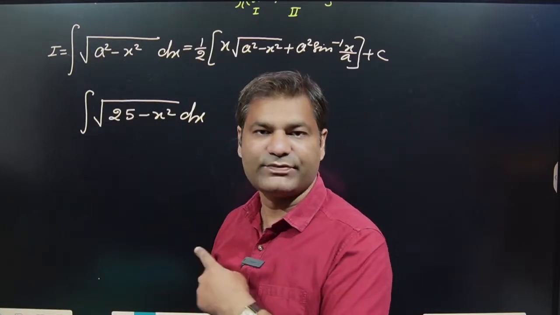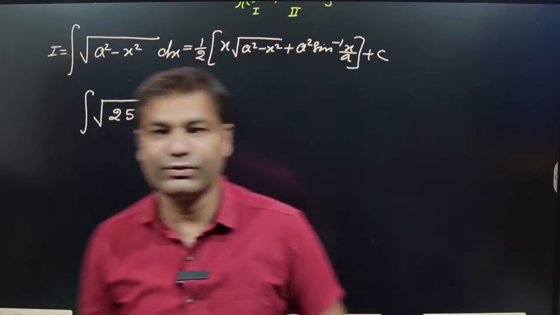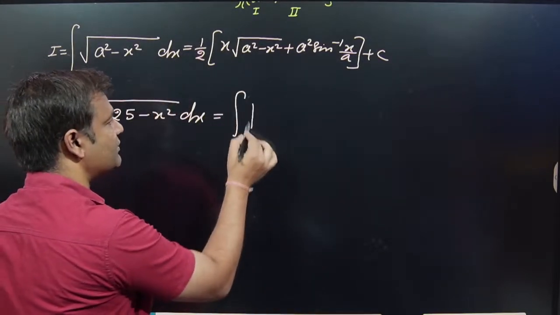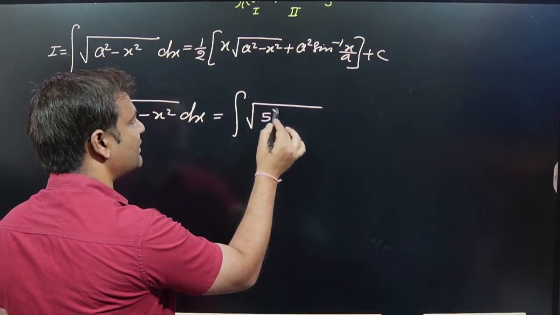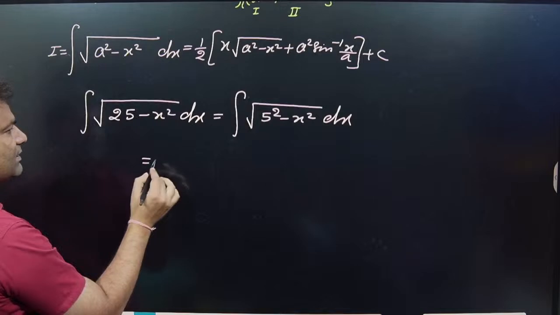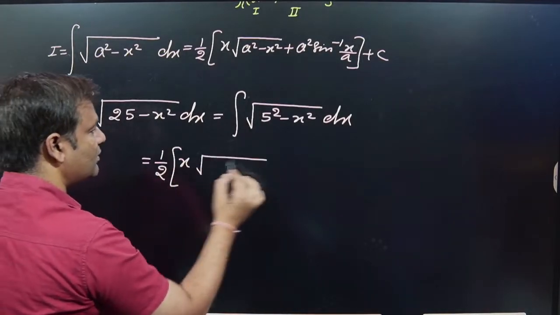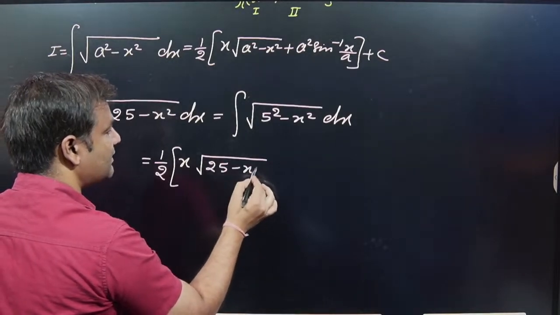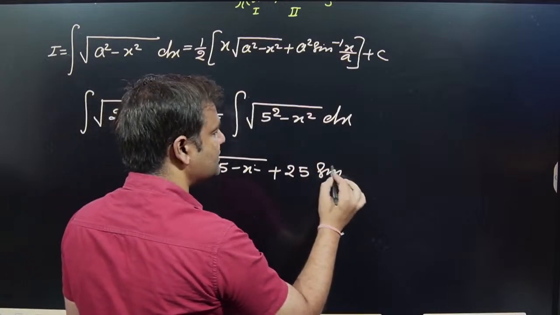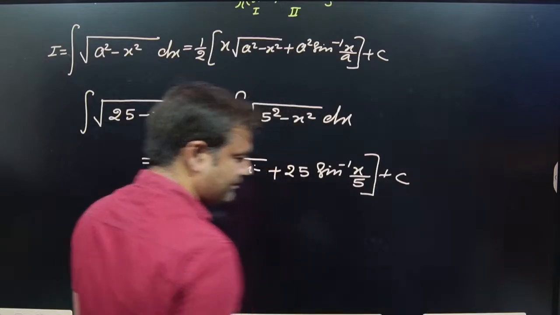What about a? a is 5, so 5 to the whole square is a square. So that is written as integration of 5 to the whole square minus x square dx. Now it is simply written as 1 by 2 x under root 25 minus x square plus a square, meaning 25, into sine inverse x upon 5, plus C. That is the right answer.